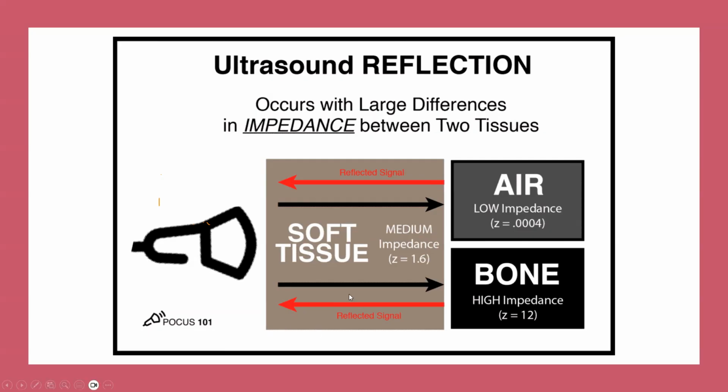And basically all you get is reflection of all of the parietal pleura back with reverberation artifact, and that is because of the difference in acoustic impedance. So the impedance of the tissue itself is not the cause for reflection. It's the difference in impedance between different tissues that causes reflection. And that is quite crucial.